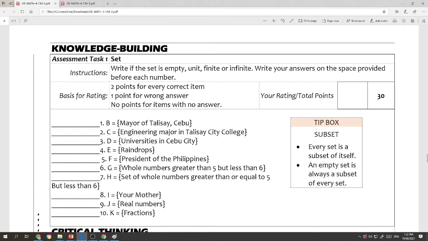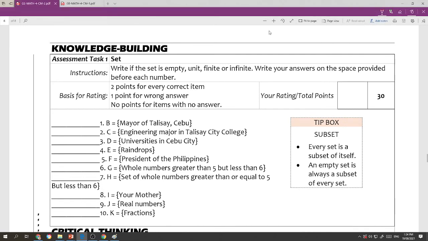So kasabot. So ang answers diay nato sa CM number 2. I'm gonna go to CM number 2. Ang knowledge building unsay answer? Pwede empty, pwede unit, pwede finite, pwede infinite. Naay mga numbers ani nga pwede unit ug finite, gi-oran na ako inig answer ninyo sa Google Forms, bisag asa sa duha ang pilion sakto jud na sila.